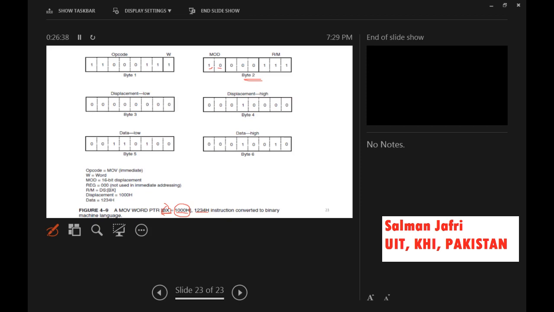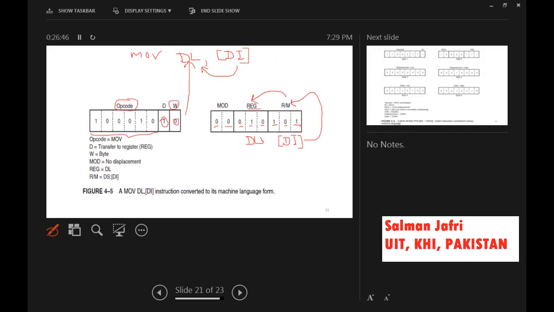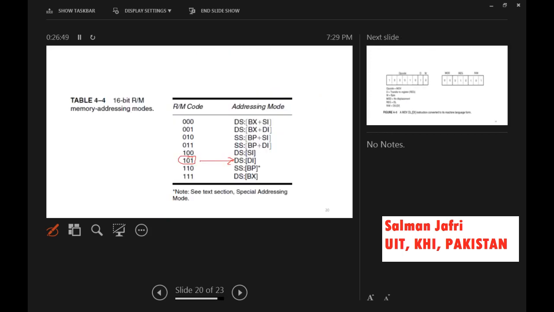Now R/M is selected to be 111. Why? Because let's look at the modes. 111 basically tells us that we have BX in brackets.